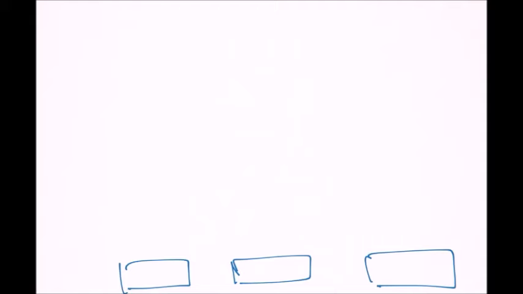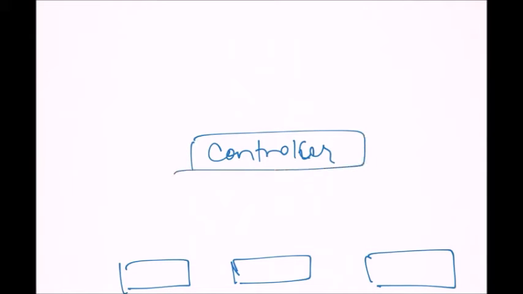The control plane is moved to a centralized system called the controller, and each device communicates with the controller over the southbound interface. This interface between the controller and the SDN devices is called the southbound interface, and they use the OpenFlow protocol to communicate with each other.